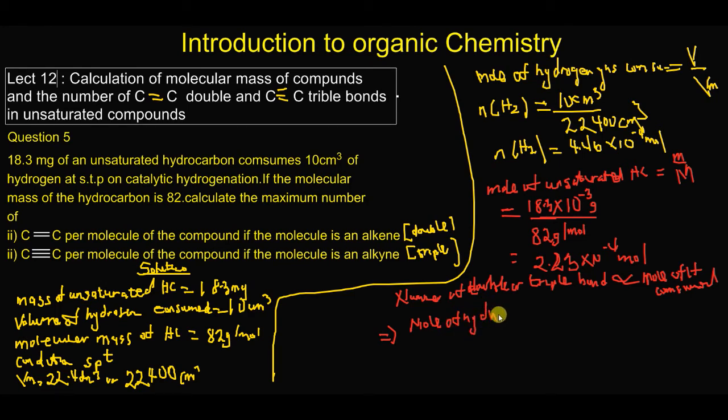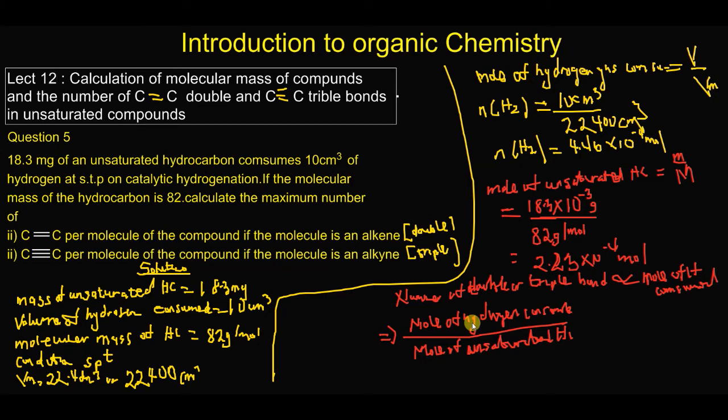By dividing the mole of hydrogen consumed by the mole of the unsaturated hydrocarbon, you will get the number of triple or double bonds that are there.